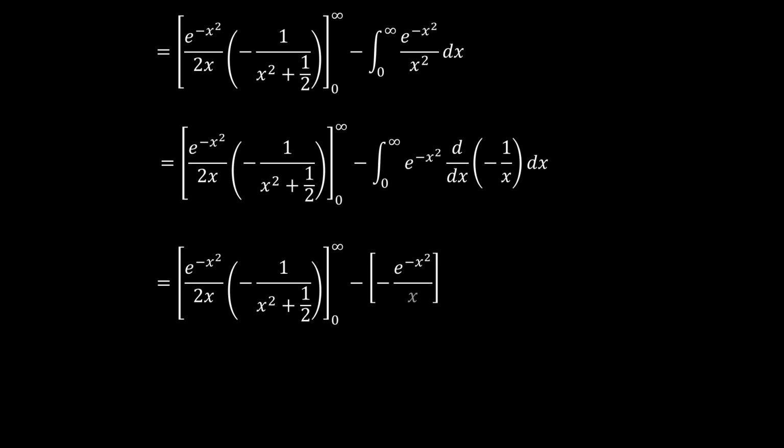Our uv now is the product of this and this, which is e to the power negative x squared over x, from 0 to x tending to infinity. And then since we have this negative here, the minus and this negative interact, so we have a plus the derivative of e to the power negative x squared, which is negative 2x e to the power negative x squared.